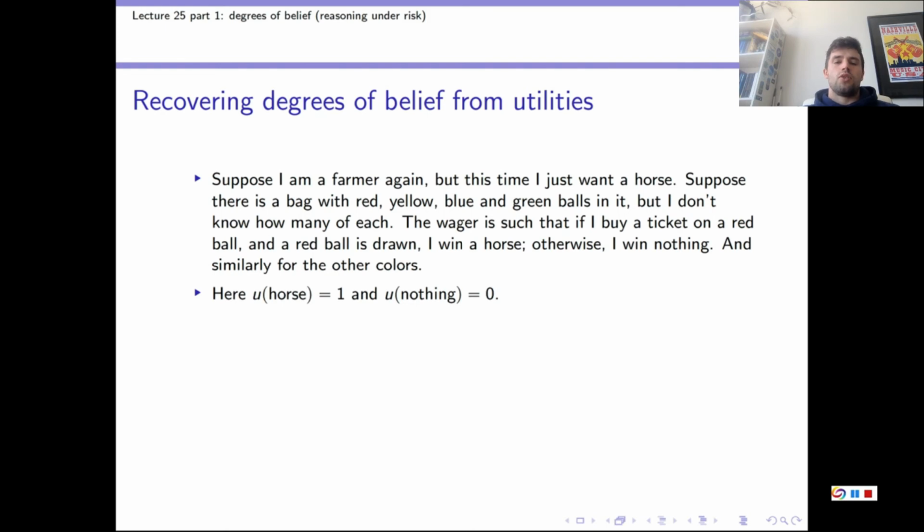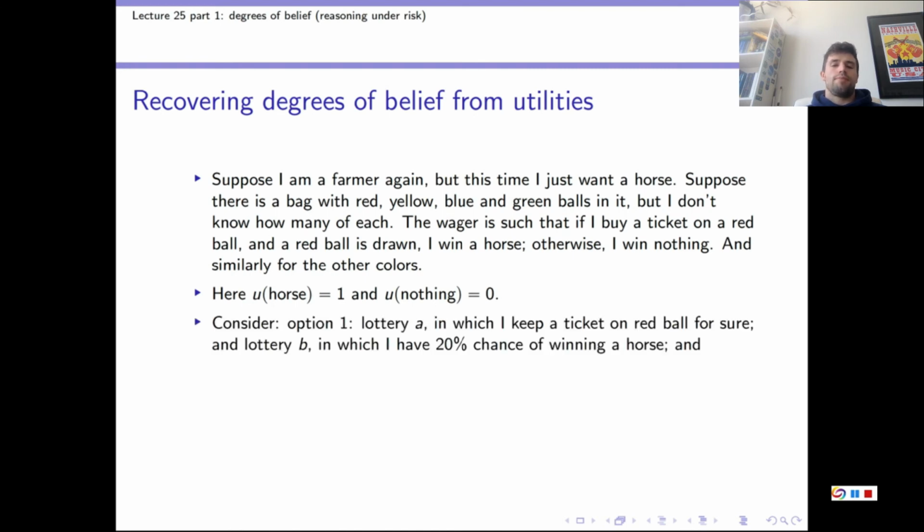Then the best thing for me in this situation is to win a horse. So the utility of winning a horse here is 1, or U of horse equals 1. And similarly, the worst thing for me in this situation is to win nothing. So the utility of winning nothing is 0, or U of nothing equals 0. So we consider then the following two pairs of lotteries.